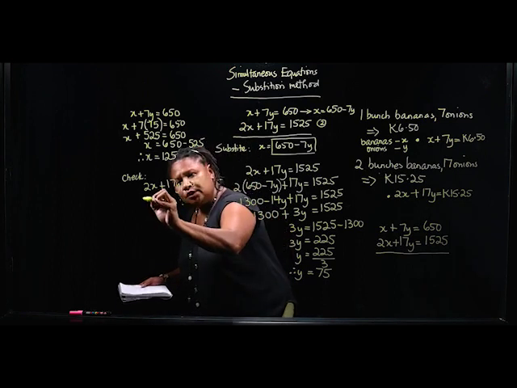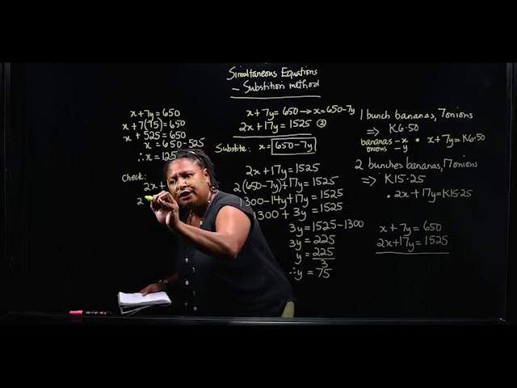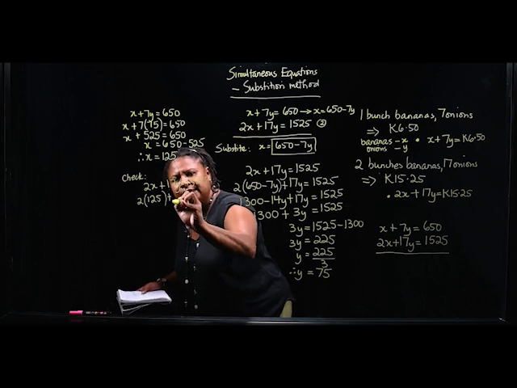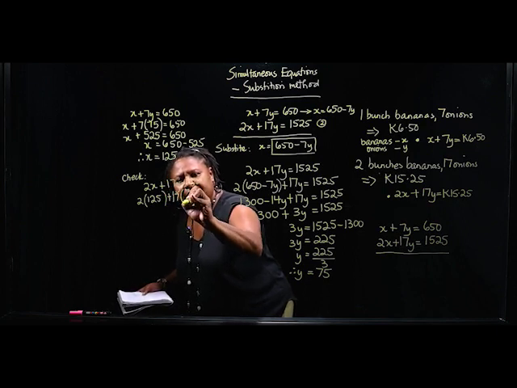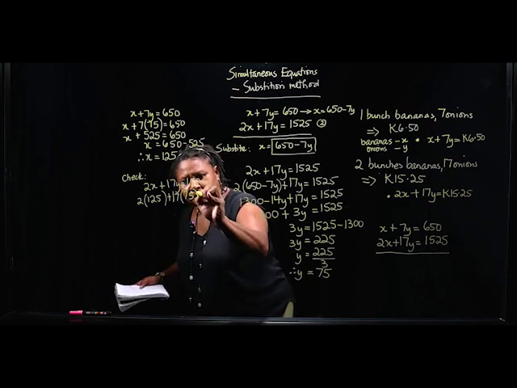So 2 times x is 2 times 125, plus 17 times 75, equal to 1,525.